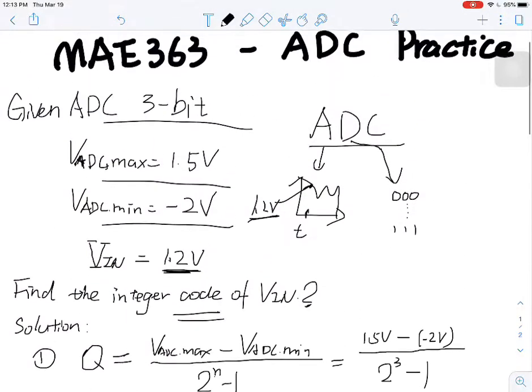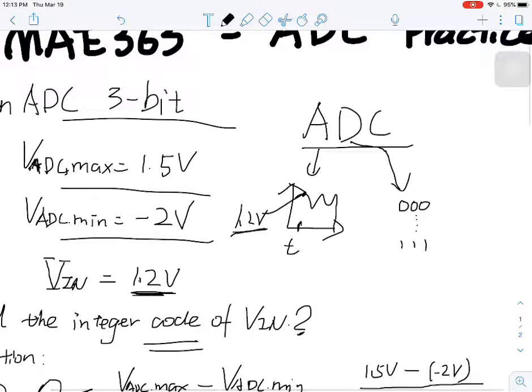But let's go back here. This is just one single sample point along all the information, right? If I give you a curve of analog voltage signal along the time axis, are you able to tell me what are the corresponding 3-bit binary words to those inputs?